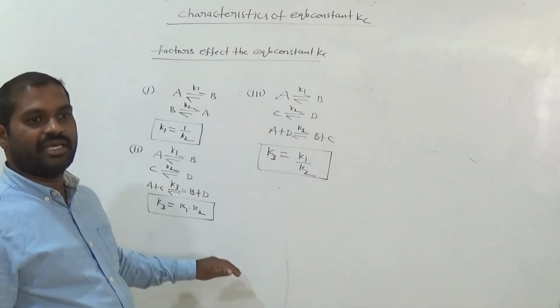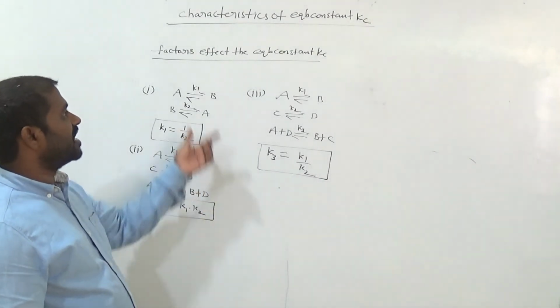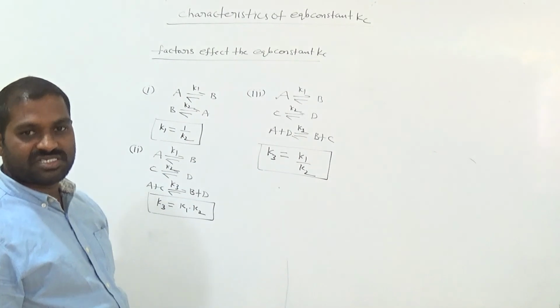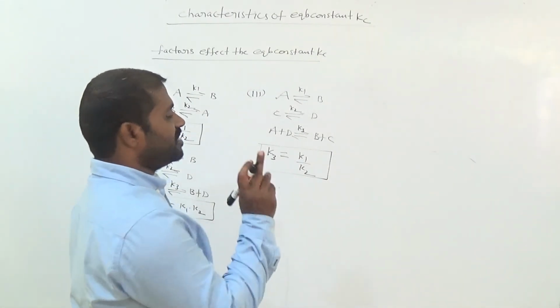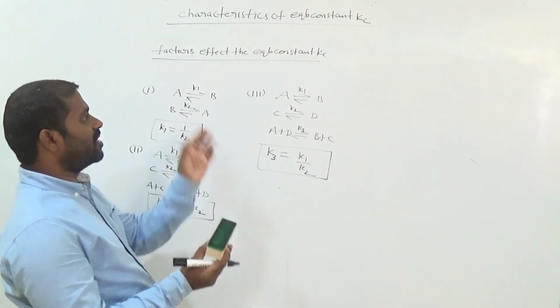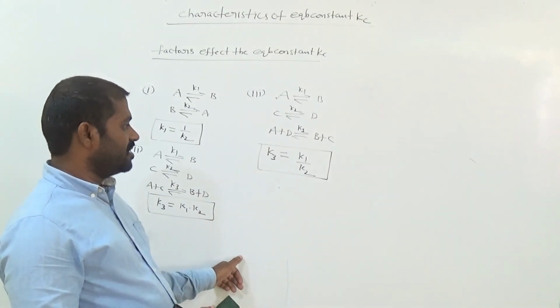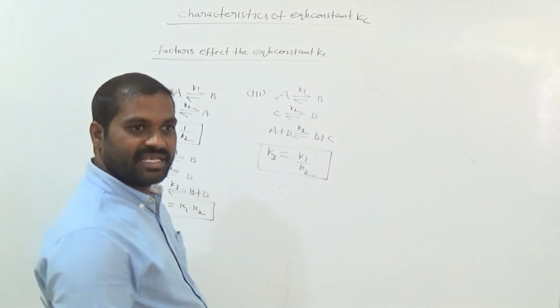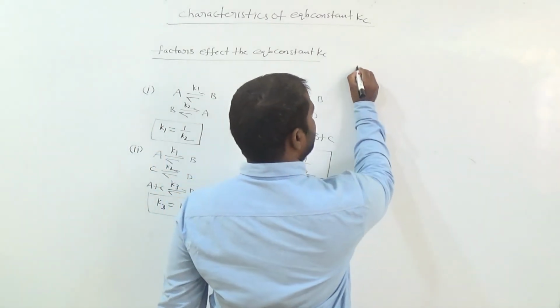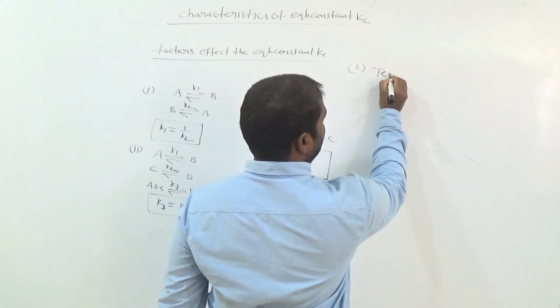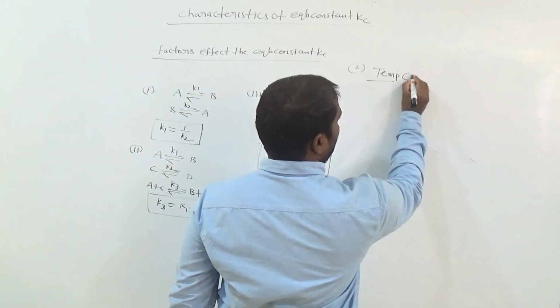Okay, so finally here we have 3 cases regarding equilibrium constant. In that, one of the factors is the stoichiometric coefficient. If the stoichiometric coefficient changes, what happens? The equilibrium constant also changes. So another factor, factor number 2, is temperature. Very, very important.